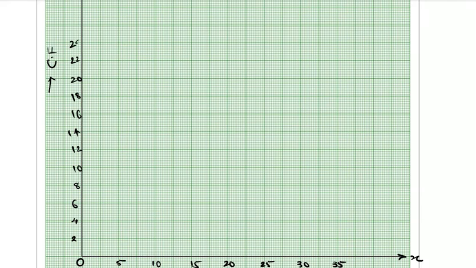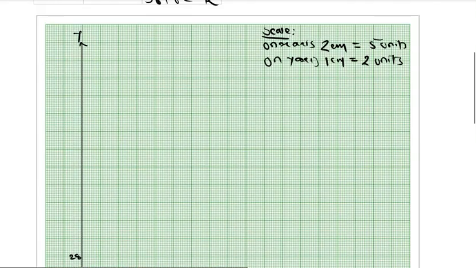Yes. 24, 26, 28. Let me finish this. I have to go up to 42, right? So this is going to be 30, 32, 34, 36, 38, 40, 42. Okay, this seems okay.